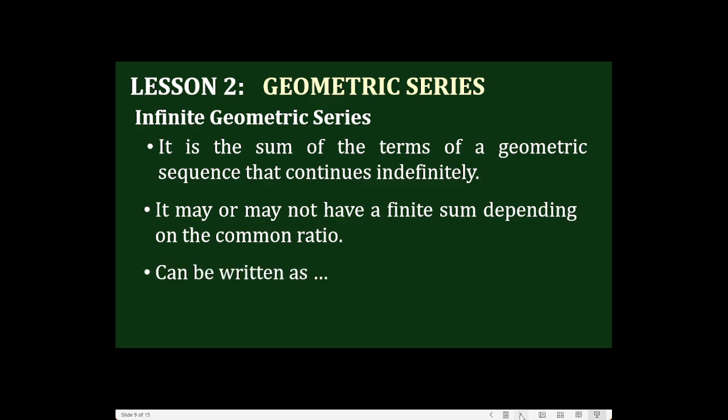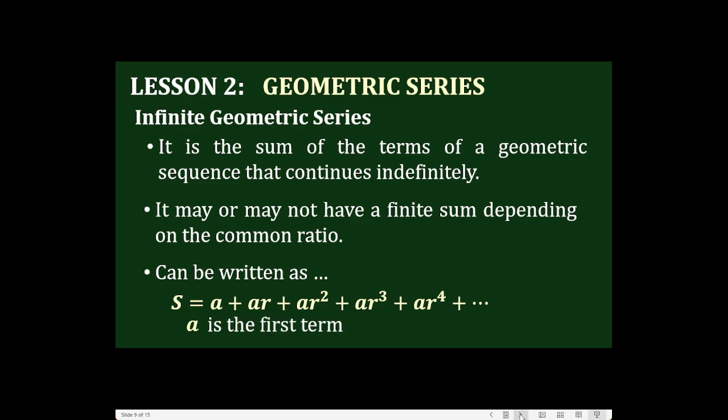It can be written as S equals A plus AR plus AR squared plus AR cubed plus AR to the 4th, and so on and so forth without end, where A denotes the first term and R denotes the common ratio.